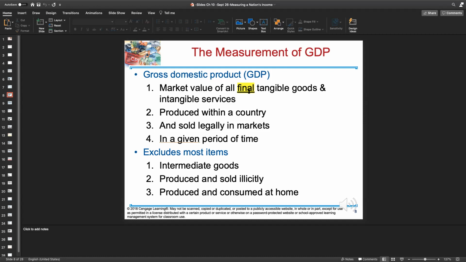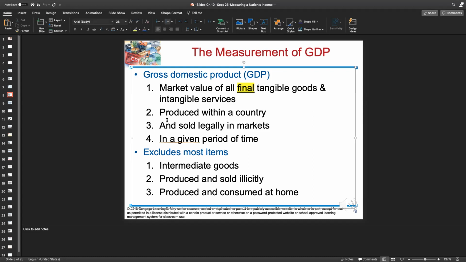So that's why, as an economist, you have to count the final products and services only one time and avoid any double counting by including the intermediate goods.